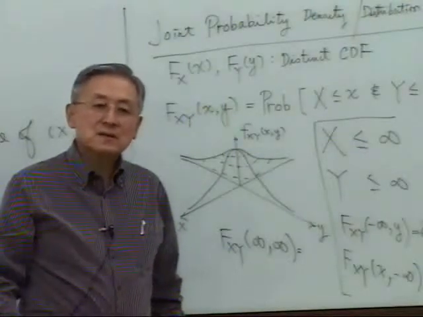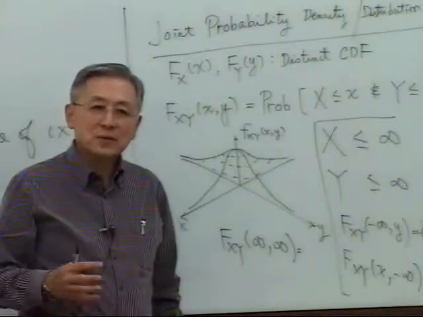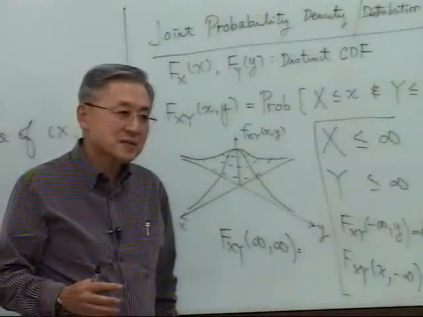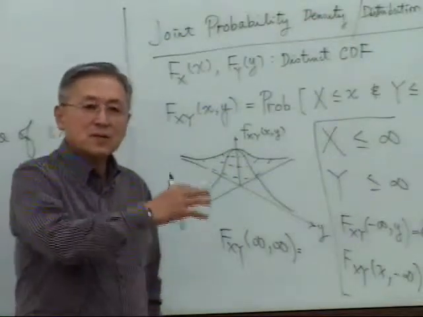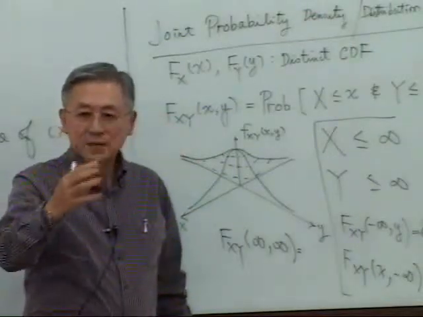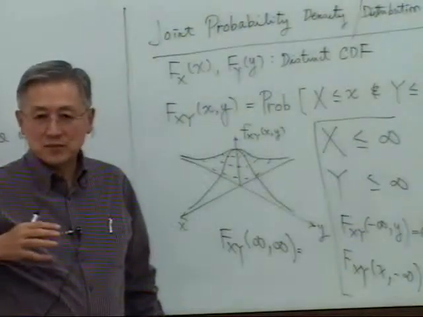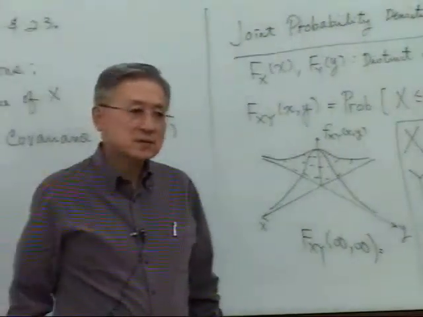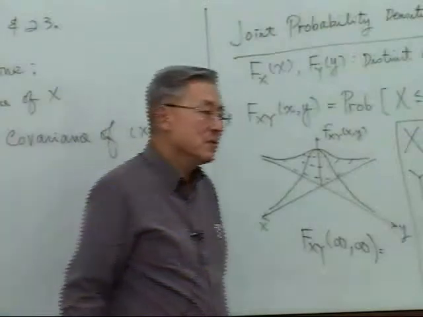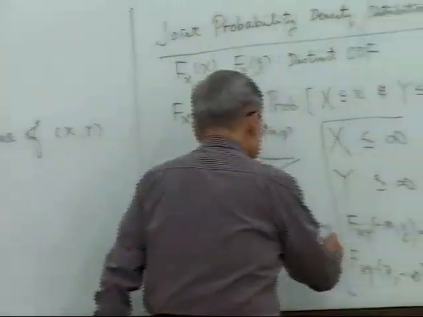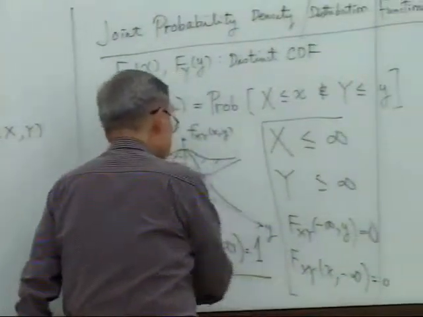For a single random variable x, the total area under the curve as x goes to infinity is equal to 1. Same thing here, this is equal to 1.